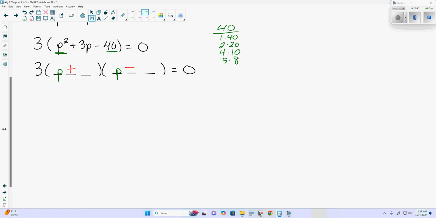3 is not a factor because for divisibility by 3, if the digits of the number add up to a number divisible by 3, then it is also. 4 plus 0 is 4. 4 does not divide by 3 evenly. I used 5 and 8.